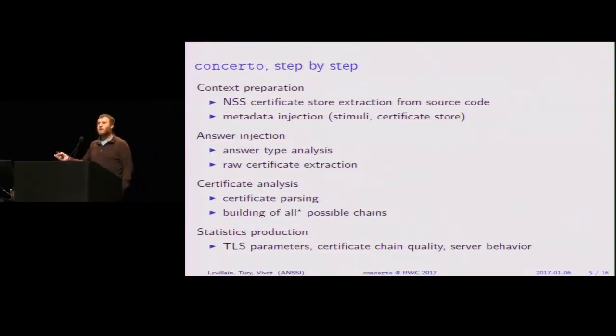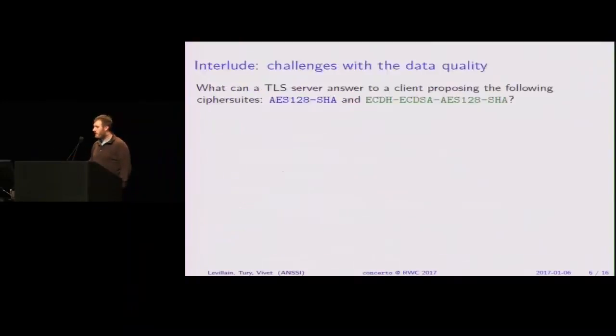The context is injecting the stimulus you used, the client hello you used if you have it, and the trust store, the certificate trust store you want to use to say which host is considered to be trusted, and we used NSS in our examples. Then we have to inject the answers and parse them, extract and parse the certificate and build all the possible chains from the certificate messages, and then produce some statistics.